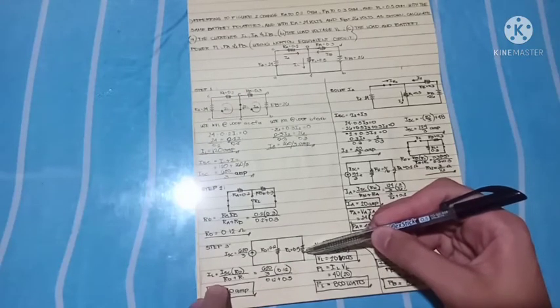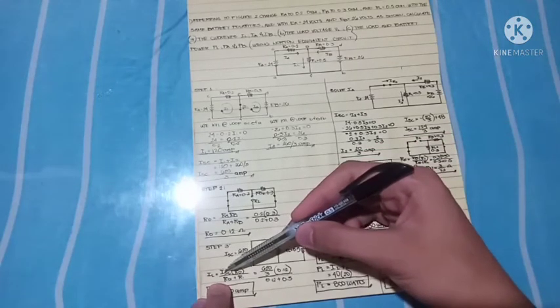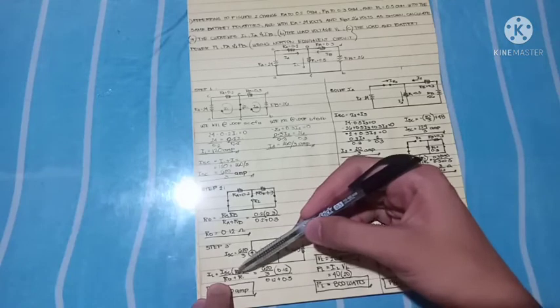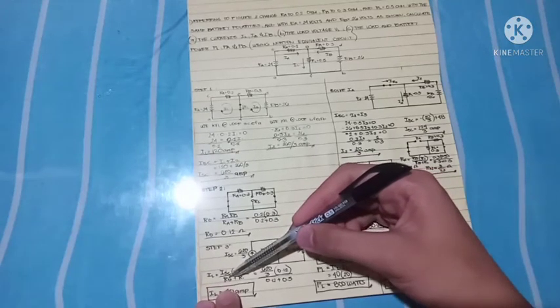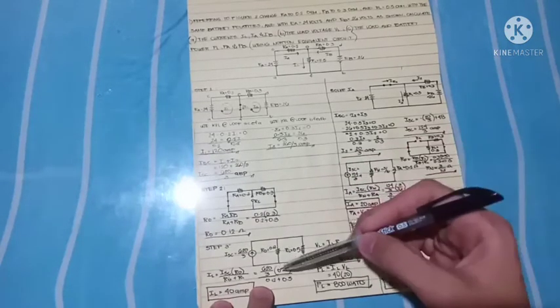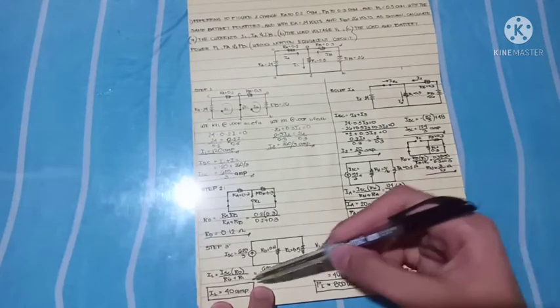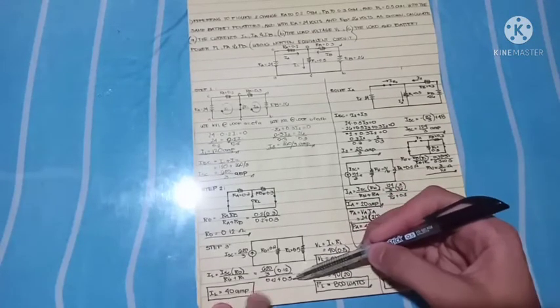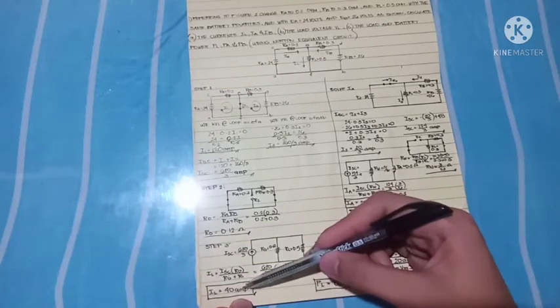So, to solve IL, it is equal to short circuit current times terminal resistance all over terminal resistance plus RL. Substitute the value: 620 over 3 multiplied by 0.12 all over 0.12 plus 0.5. So, IL is equal to 40 amps.